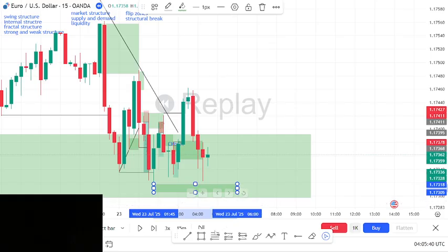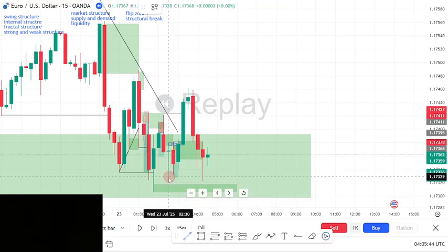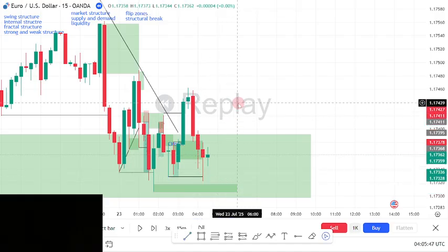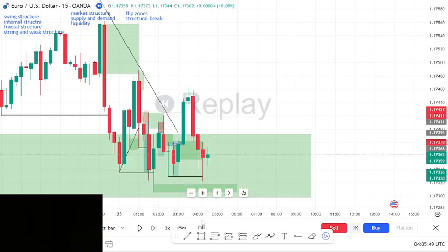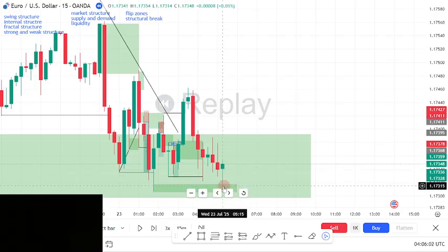We have multiple sweeps of liquidity. We have another liquidity being swept here. Okay, nice. Now we've tied into the zone.